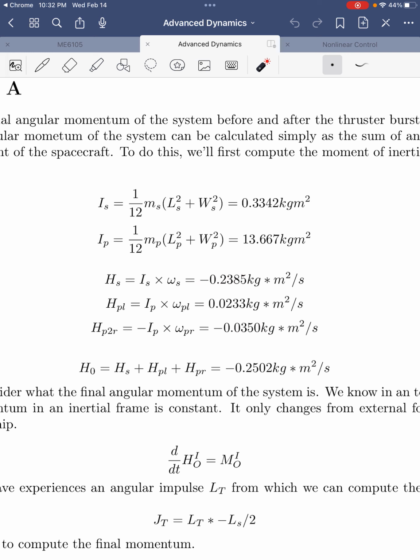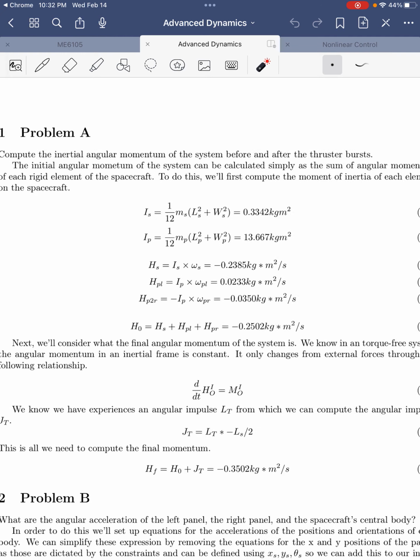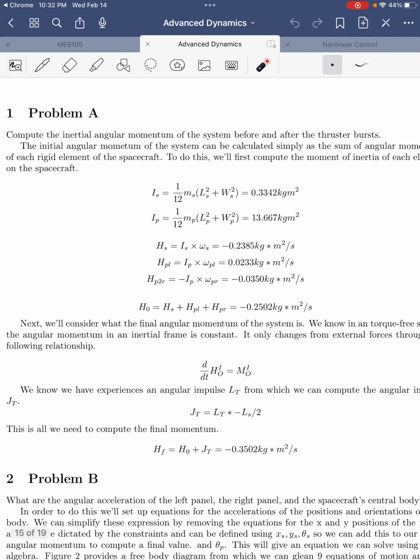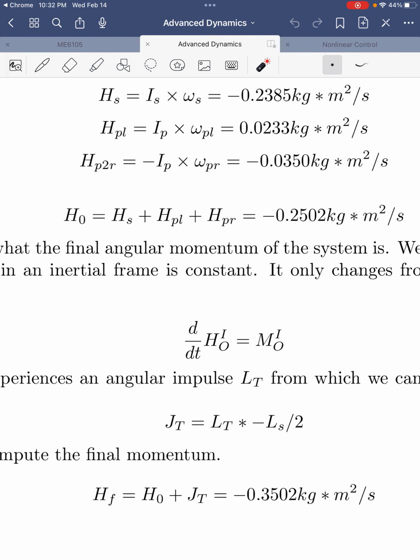To get the total angular momentum of the system, we can just add those up, and we get this value, minus 0.25 kilogram meter squared per second. So the next thing is, how does this change once the thruster bursts? Pretty simple. We know that the change in angular momentum is equal to any moment, and if we're looking over some small horizon, we can say that's an impulse, or actually an angular impulse.